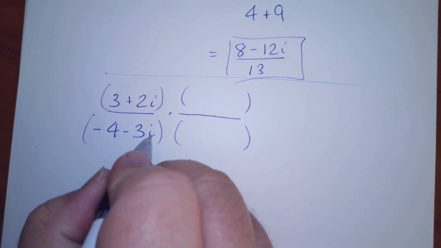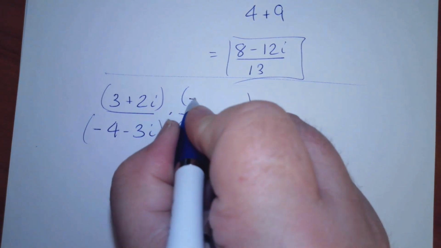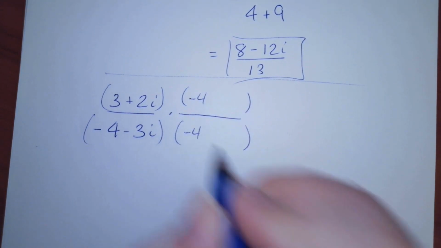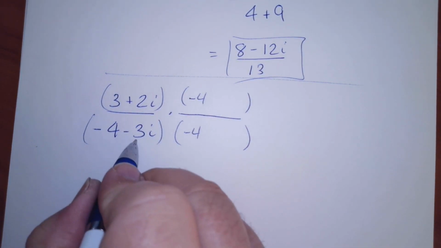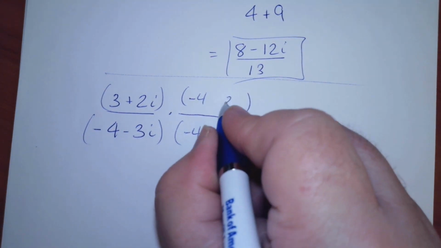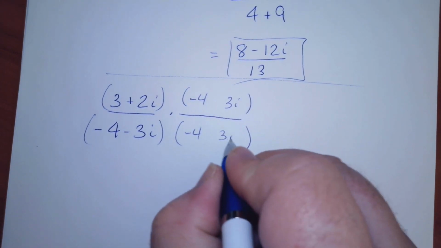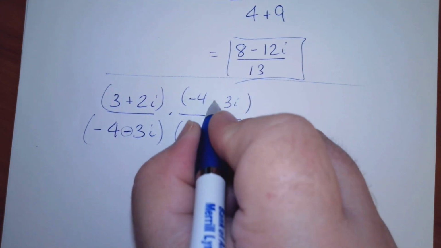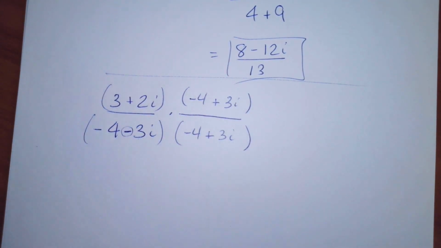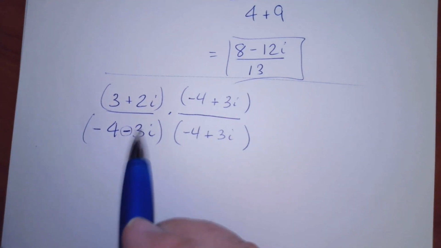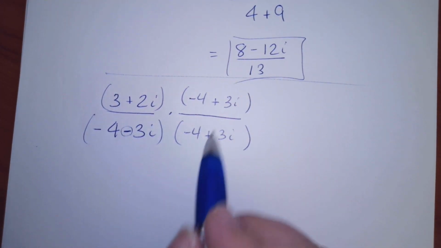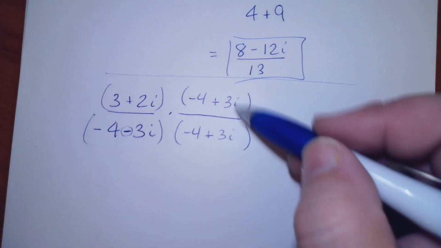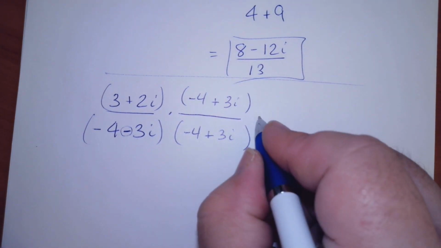Again, the only one we'll worry about is the i, so leave the negative 4 alone, the constant, leave it alone. Again, the last part's going to be 3i. Since that's a negative, it has to be opposite inside these. Basically, it's exactly the same thing except the sign changes. And these have to be the same, so that it equals 1.